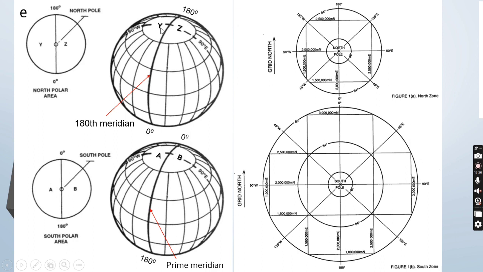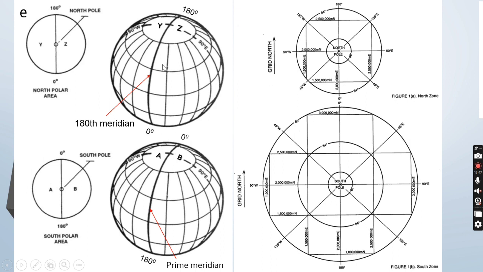This is north, this is south. If you project this, the left side of north will become Y, and the right side of north will become Z. Now think about the southern pole. Just rotate, what will happen? 0 to 180 will come.